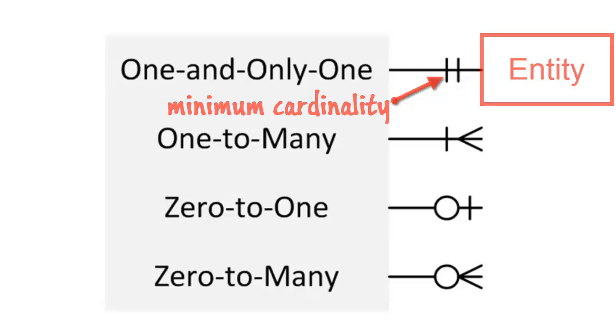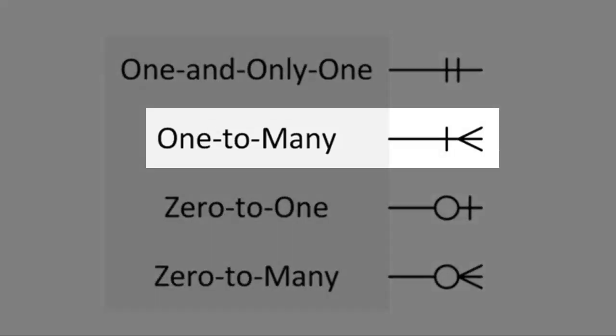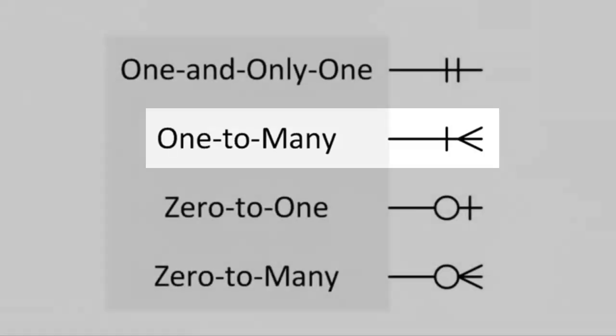Now that we know the meaning of this hash mark across the relationship line, we can understand the notion of a one-to-many relationship. In a one-to-many relationship, we are saying that many instances of one entity may participate in a relationship with a single instance of another entity, but at a bare minimum, at least one entity instance must be involved in the relationship.